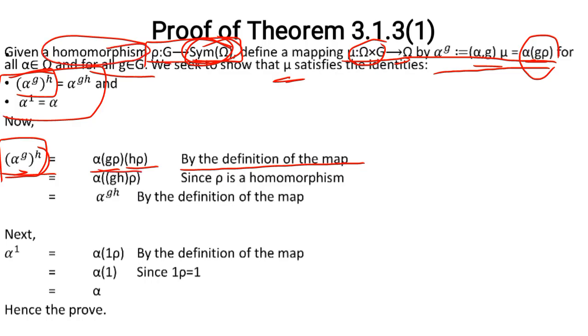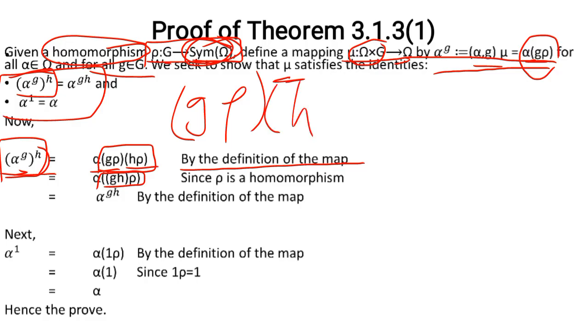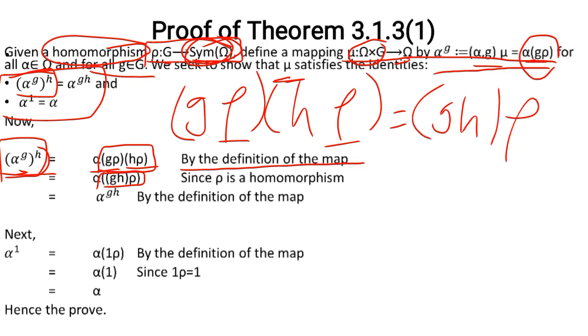Because it's a homomorphism, this thing is split in two. What does a homomorphism do? It brings them together, so that's why we have them together, as you can see here. So we had G rho and H rho. Rho is a homomorphism, so this will be the same as GH with rho at the side. Okay, so that's how we got this side here.